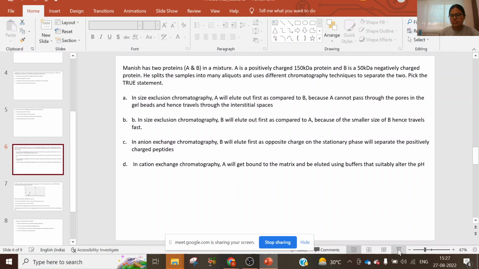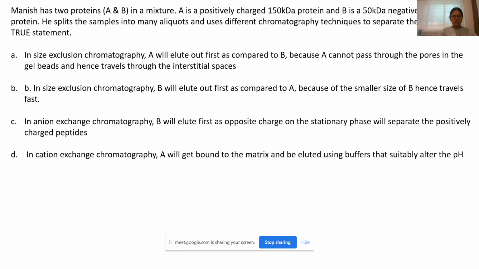Okay. So unfortunately, I don't know that could not be saved, so I could not find that figure.